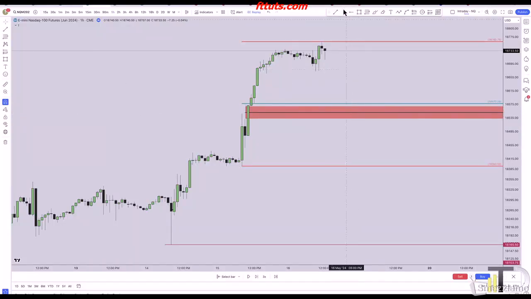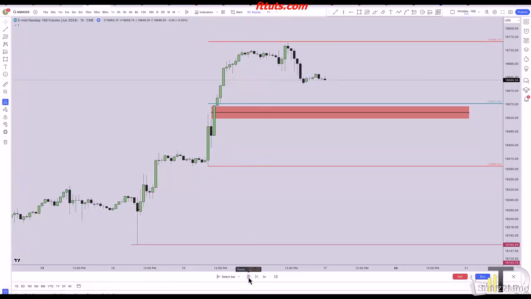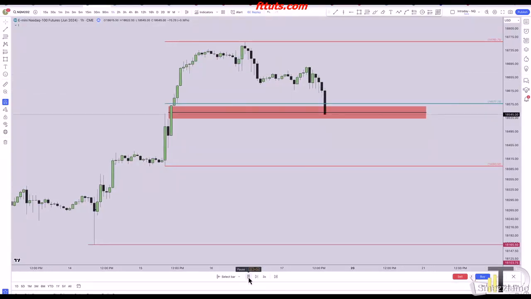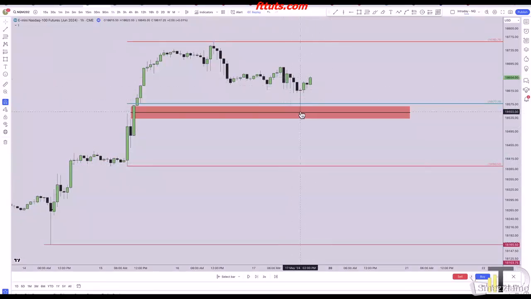So now let's play back the next few candles. We are waiting for, okay, now if you look at this particular price action, this particular candle wicked into the first discount fair value gap and then moved higher.